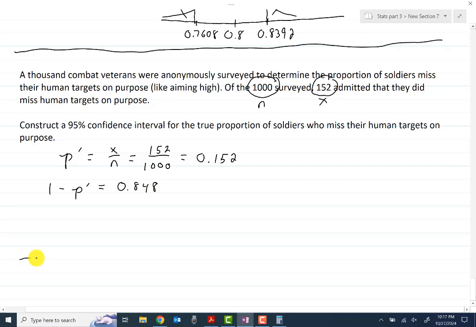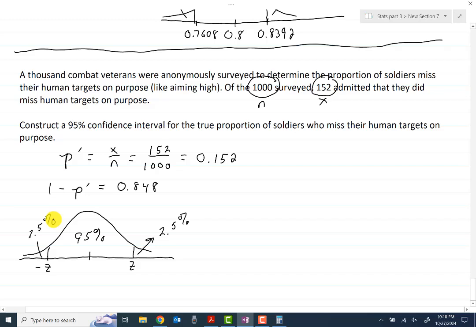And if we're doing a 95% confidence interval, remember, we go and look up the z-values from the standard table, so it looks like this, and then 2.5% here, and 2.5% there. So we've done this a million times. This is 1.96.